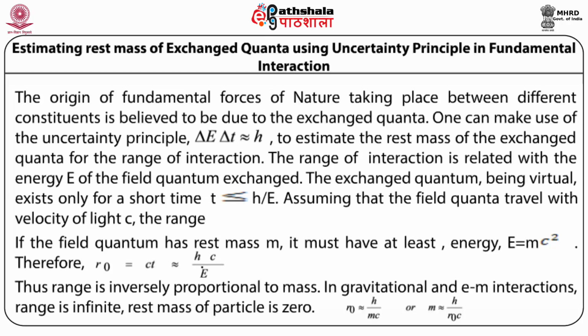So, as discussed above, in the case of gravitational and electromagnetic radiations, since r0, the range of the interaction, is infinite, therefore the rest mass of the particle goes to zero, and that is why photons have zero rest mass.